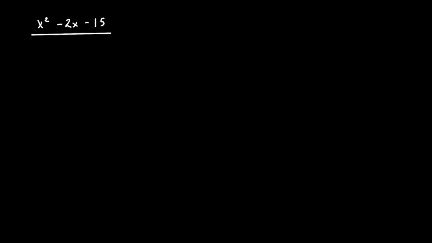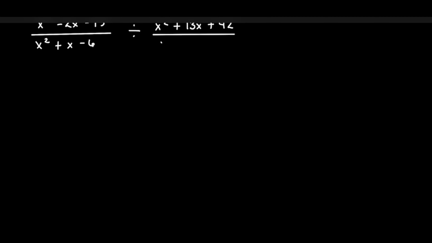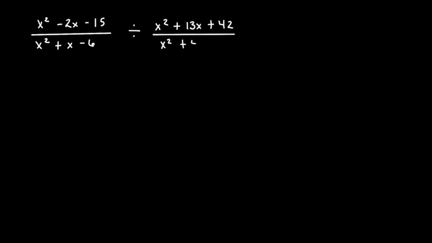Okay, for our last problem, we're going to divide again. So we have x squared minus 2x minus 15 over x squared plus x minus 6 divided by x squared plus 13x plus 42 over x squared plus 4x minus 12.